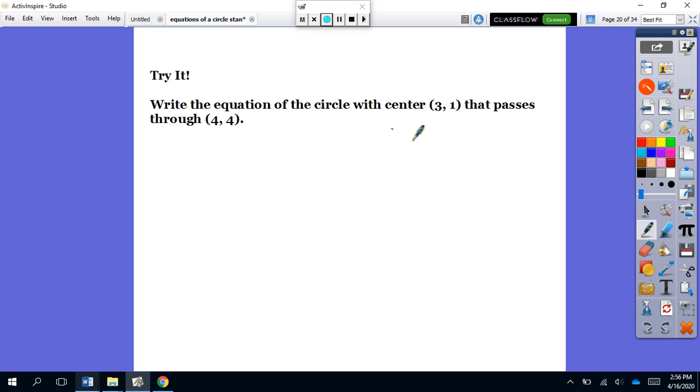Okay, so I know in this case this is my center, so this is h and this is k, and this is one of the points on the circle, so that's x and that's y. So let's solve for r squared. So r squared is going to be x, which is 4, minus h, which is 3 squared, plus y, which is 4, minus 1 squared.